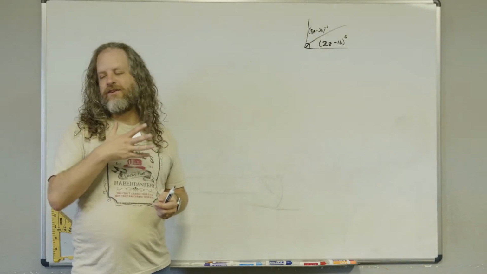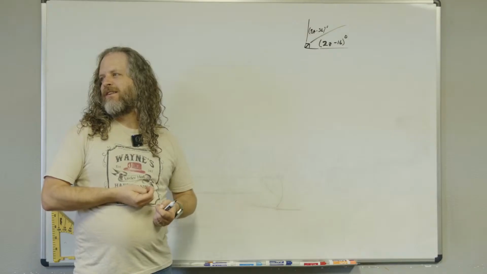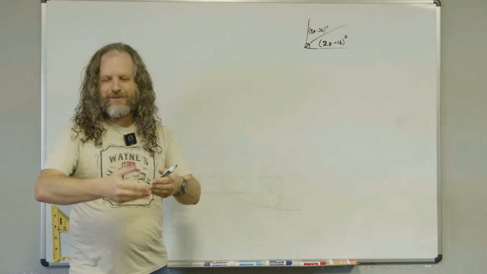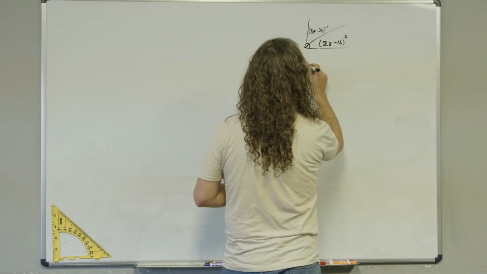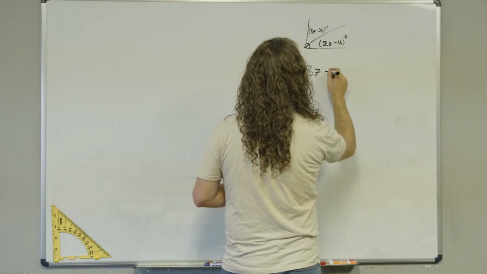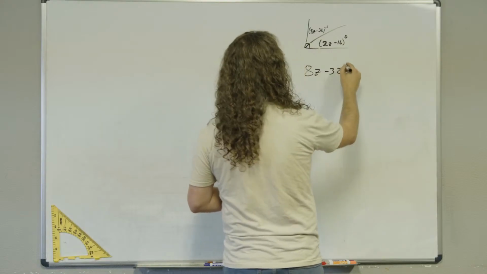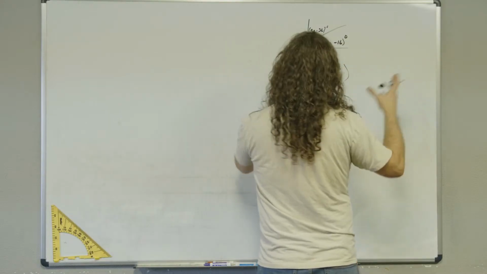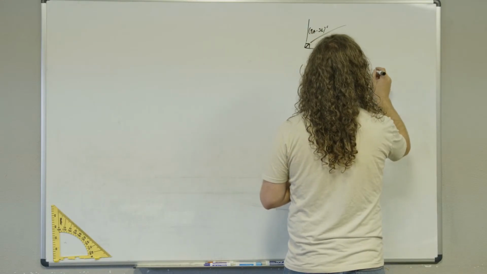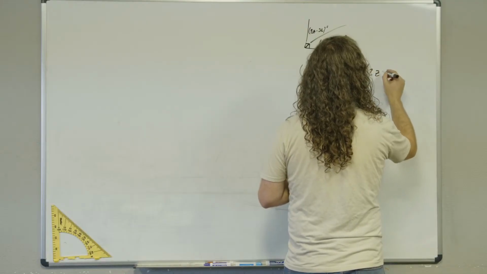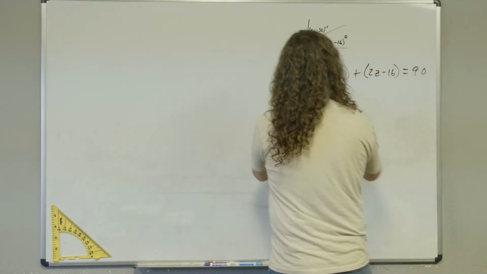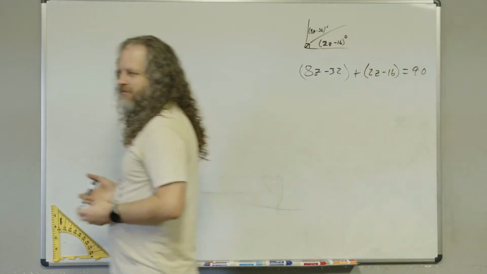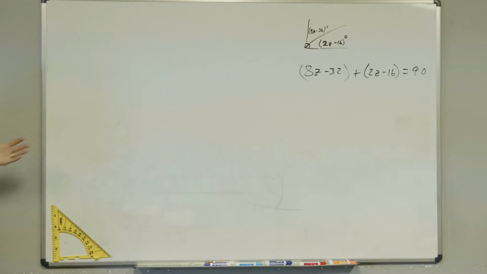So, what are we going to do with those? Add them up, equal 90. So, this one, if you want to leave them in parentheses so you can really see what's going on, you can. This one plus this one equals 90, right? Easy money.